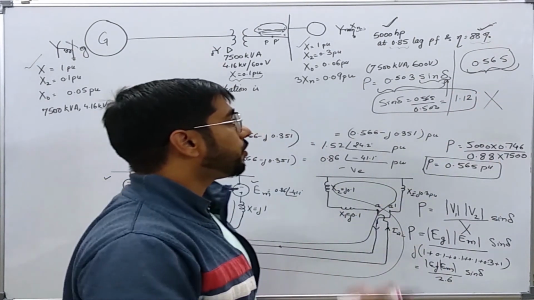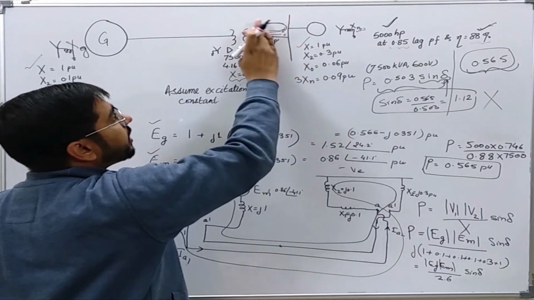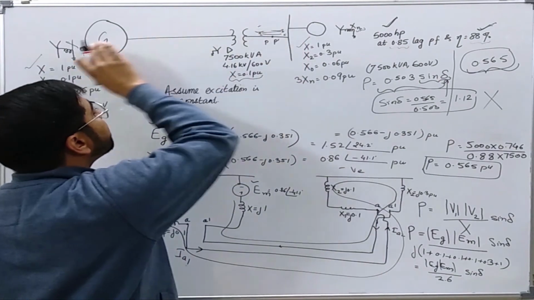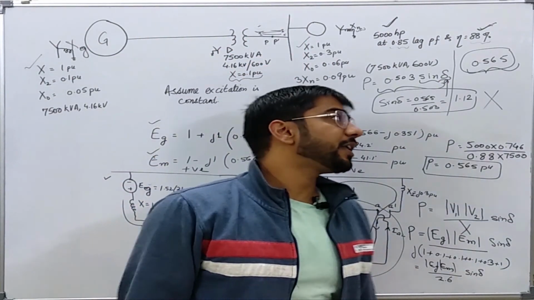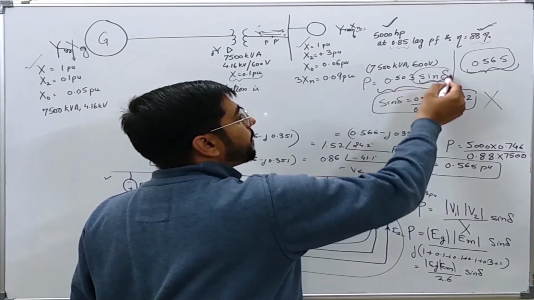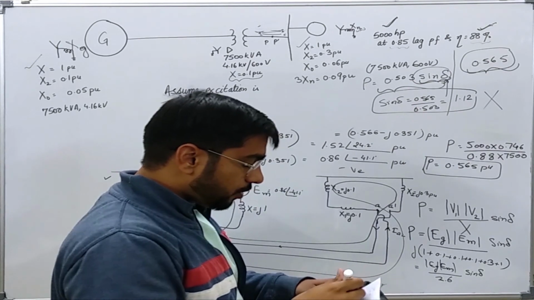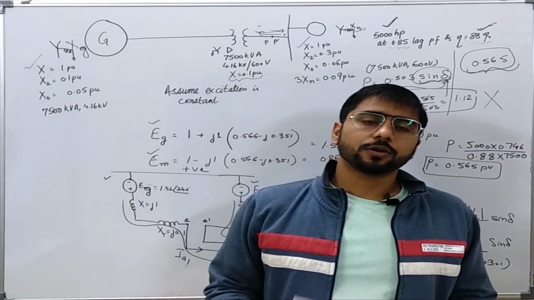Okay, yes, so we can clearly see that on opening of one phase of the motor terminal, the system is not able to deliver the power which was there in the normal scenario, and there will be reduced power depending upon this delta. Okay, so in this way we have analyzed open conductor fault also in this lecture.